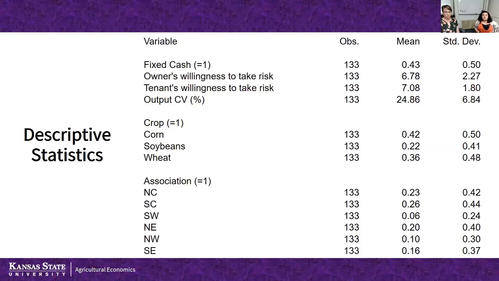We also want to make sure that we had a full range representative of Kansas. So if you see in the bottom, South Central was our most represented in Kansas with 26%, and the least representative was Southwestern Kansas with only 6%, but we do feel like we had a good range across the entire state of some survey respondents.